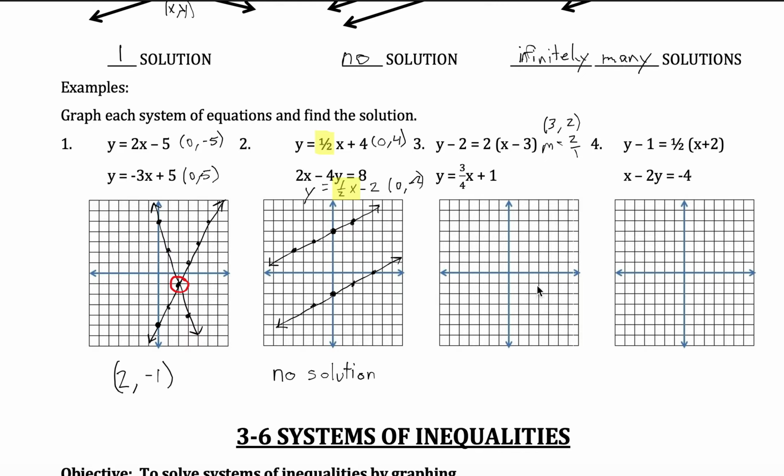So we can go ahead and plot that. 3, 2, and then our slope is 2/1, so we go up 2 to the right 1, or we can go down 2 to the left 1. Then we go ahead and we connect those points.